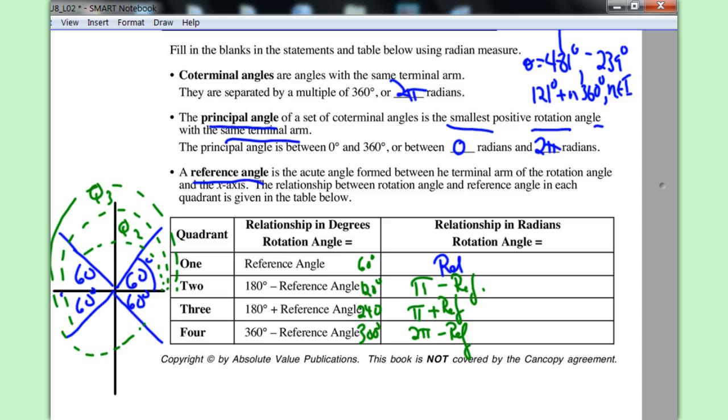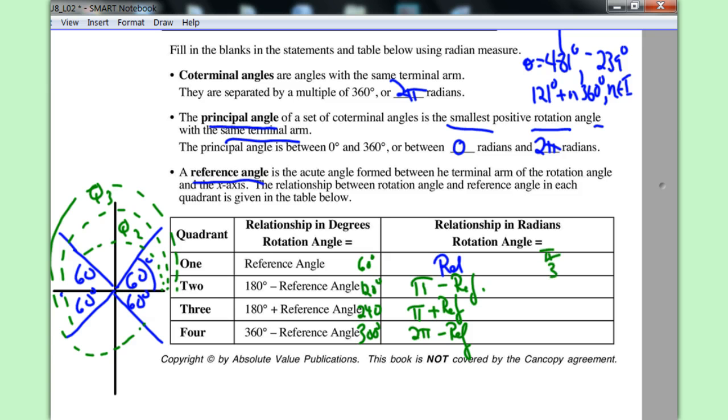All right. Now you're going to do the same thing with actual values for radians, right? You may not like working with fractions, but 60 degrees is actually pi over 3.